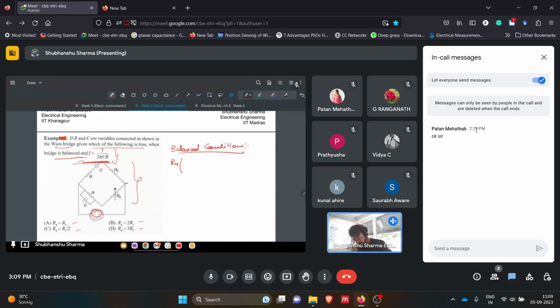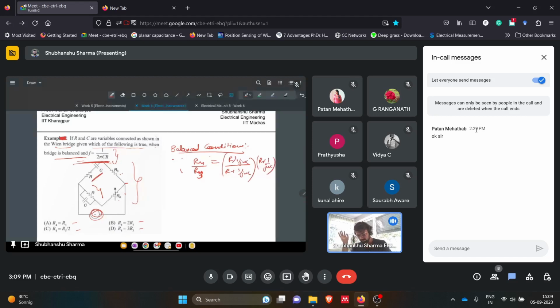So this will be R4 into (R plus 1 by j omega C), or for simplicity, R4 by R3 equals the parallel combination of R1 and 1 by j omega C, which is R1 by j omega C over (R plus 1 by j omega C), into the series combination of R plus 1 by j omega C.